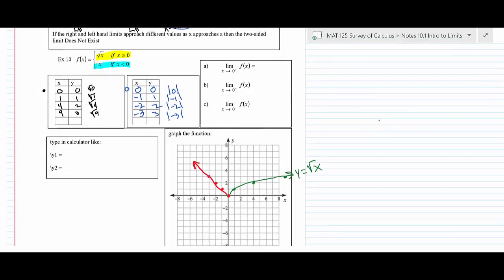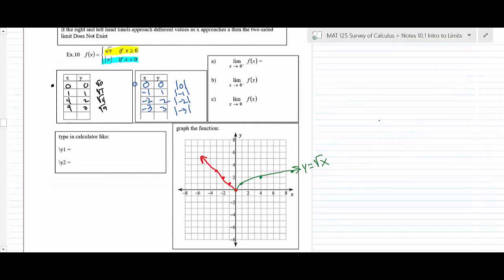And then what we're going to do is do the limits. I'm not going to do all these decimals anymore. That was mostly trying to show you how things behave close to something. Now we're just going to do it this way. All right, so we're going to do a right-hand limit as x approaches 0, okay?